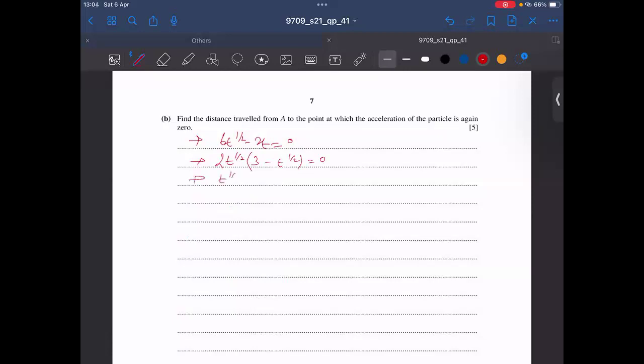So I have t to the power of half equal to 0 and t to the power of half equal to 3. I'm going to have t equals 0 and 9 seconds. All right, 0 and 9. So at point A, the acceleration is 0. And again, when the acceleration is 0, t is equal to 9 seconds.